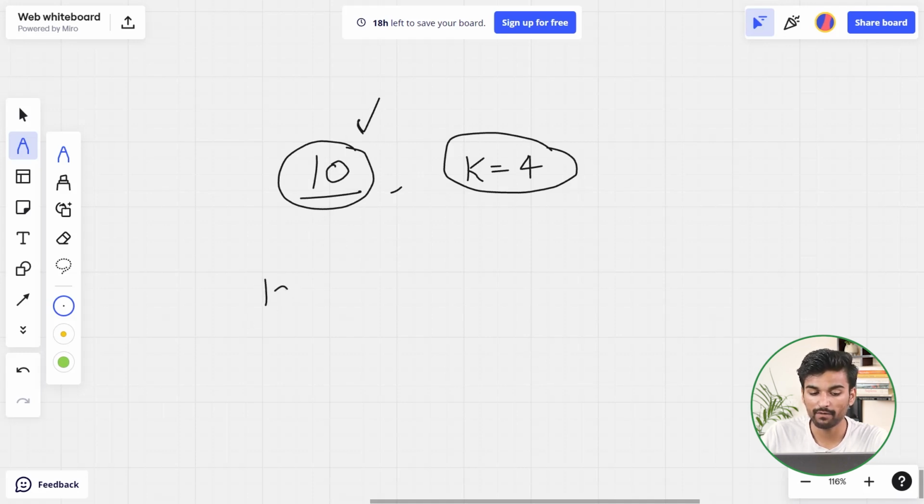We will get 2, because we take the floor value. It will be around 2 point something, so in integer value it gives 2. It means that 4 can be added 2 times and it will be lesser than or equal to 10.